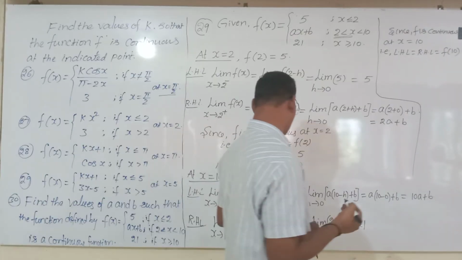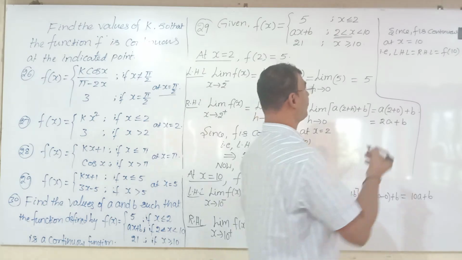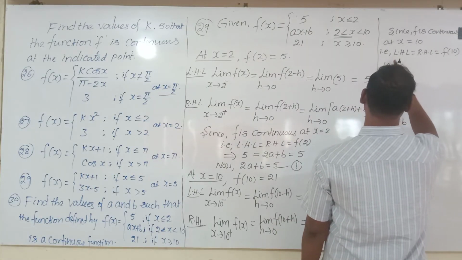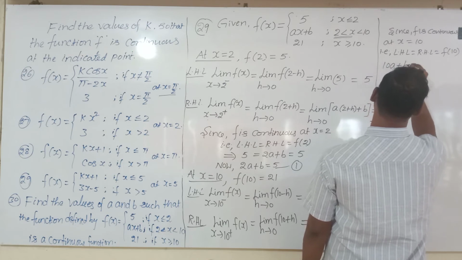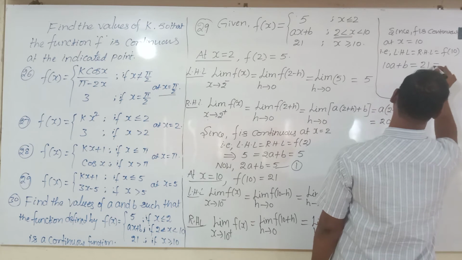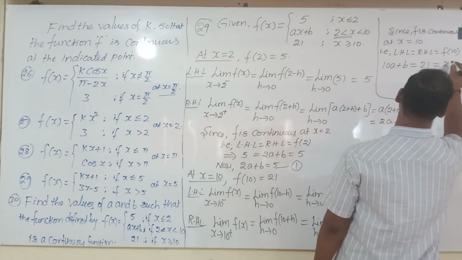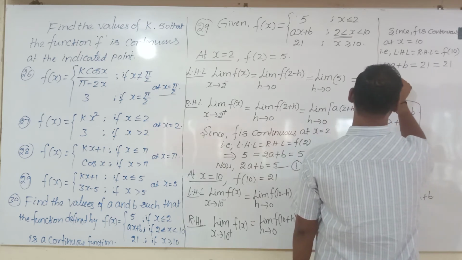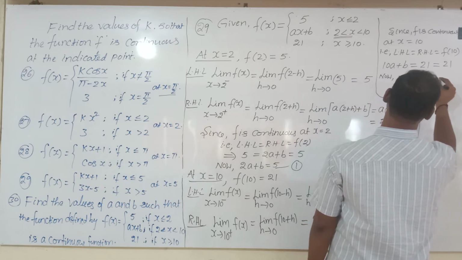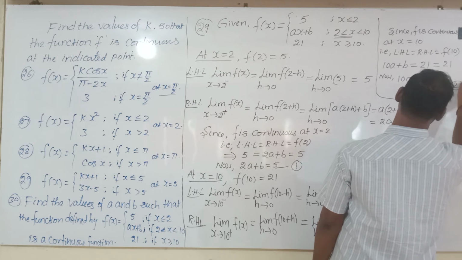How much did we get for the left hand limit? 10a plus b. 10 into a plus b is equal to the right hand limit, 21. So now equating, 10a plus b is equal to 21, take as equation number 2.